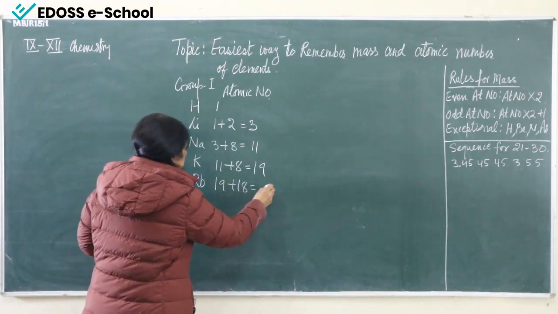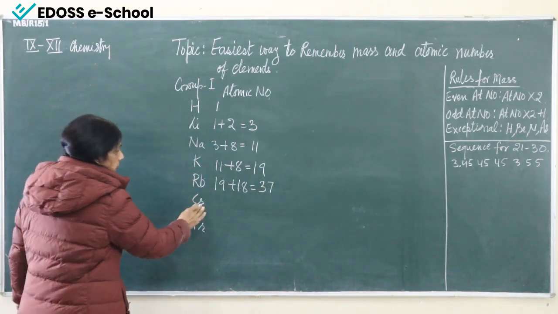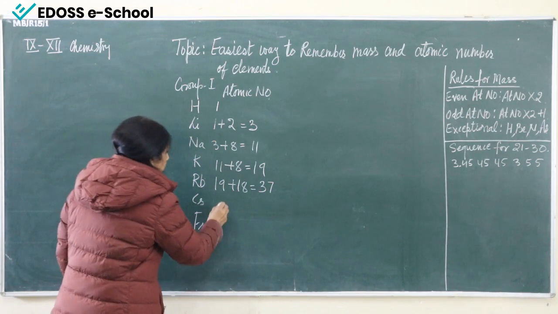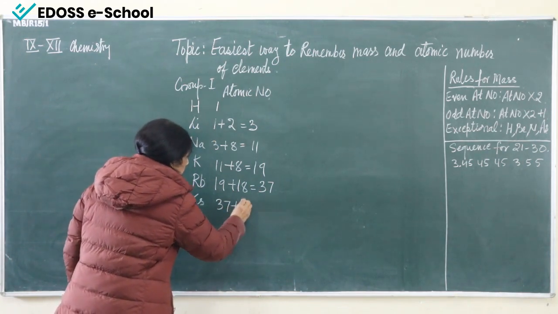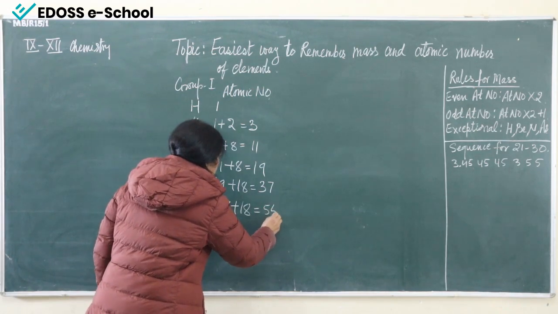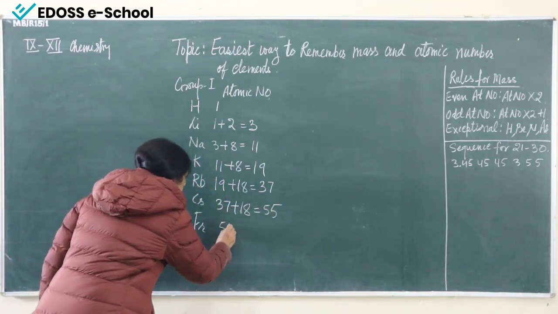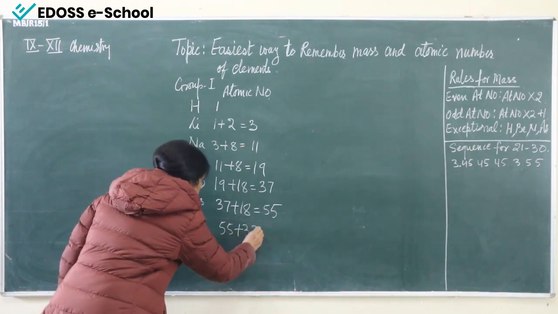So this will be 37. For cesium, we will add again 18. So this will be 55, and for francium we will add 32.